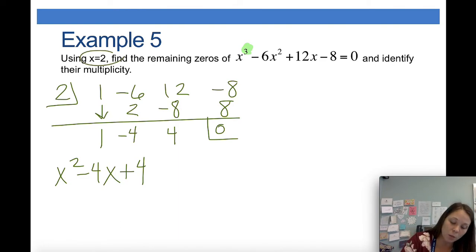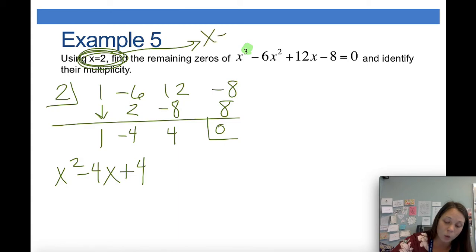Remember, when we were talking about synthetic division, x equaling 2 corresponds to the binomial x minus 2, because the number we write in the box is always the opposite sign of what it says in the problem. So x minus 2 means we write a positive 2 in our box. So we've taken this cubic function and divided it by x minus 2, and we get this answer of x squared minus 4x plus 4.